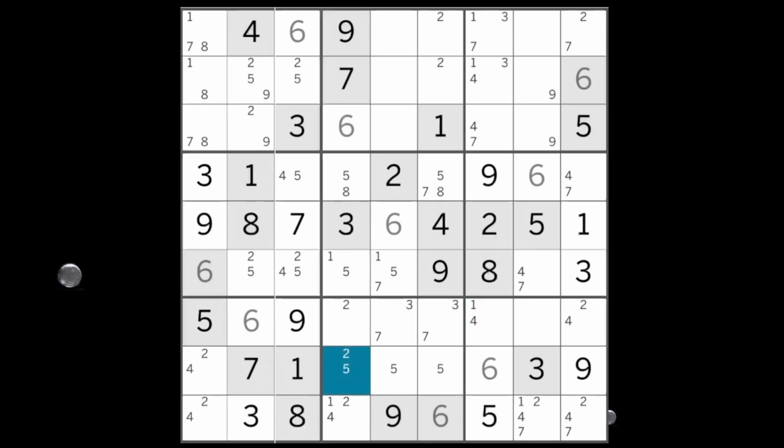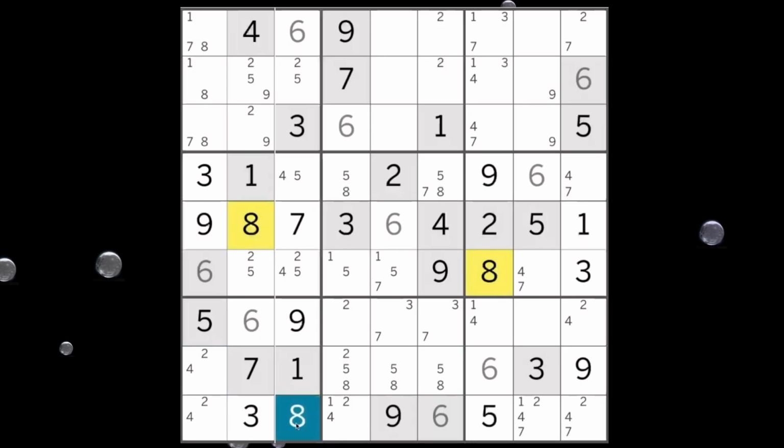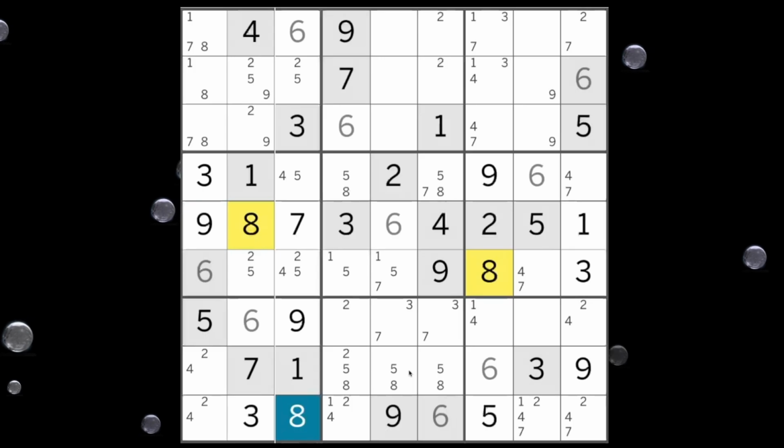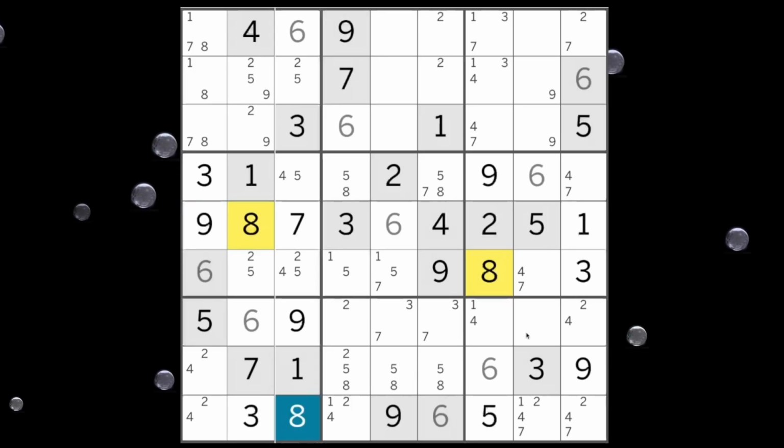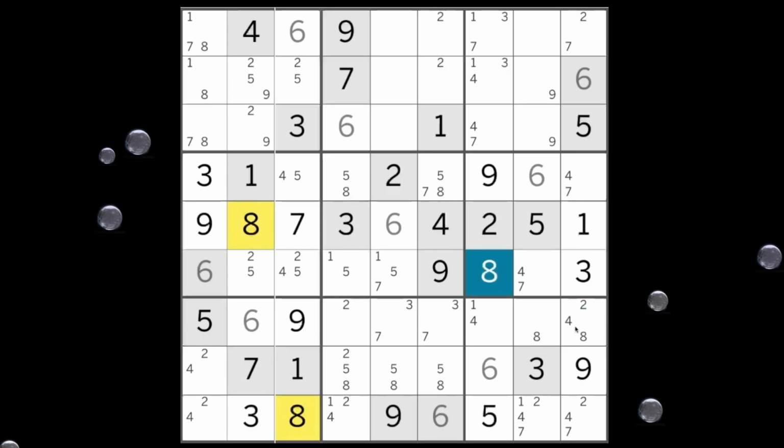Eight has to be in the middle here, because that can't be an 8 because of this one. And those 3 are already filled, so those have to be an 8. Which means 8 has to be in one of those 2 because of that.